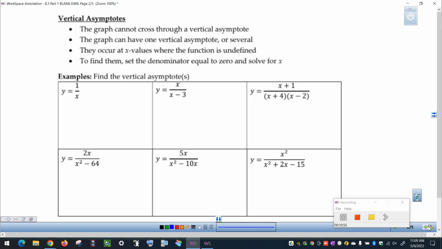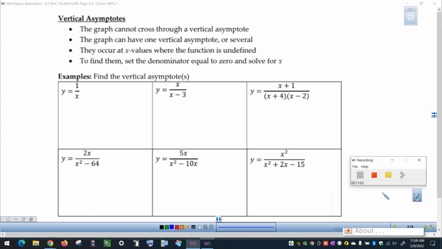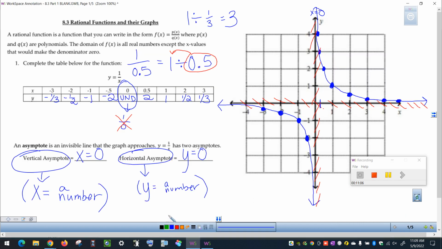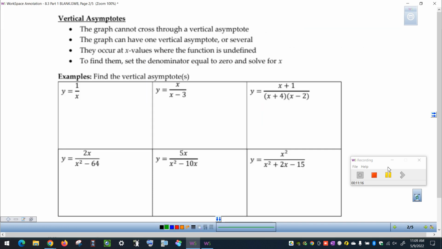So the graph could have one vertical asymptote, or it could have several, and they occur at x values where the function is undefined. We just saw this on our first graph, where the function was undefined. That was for the x value of 0, and that's the x value where the vertical asymptote is passing through.